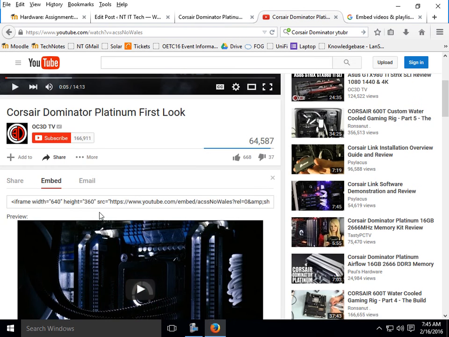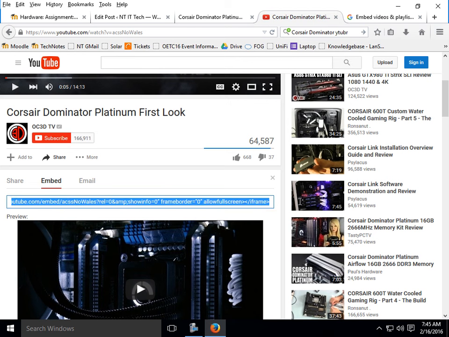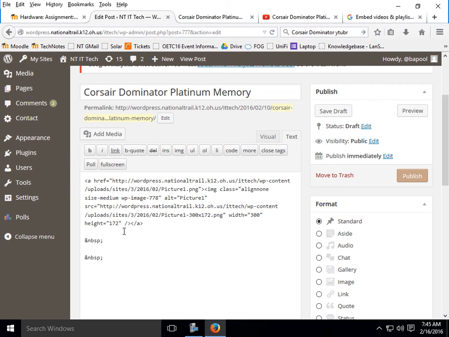So now I can go and grab this code. I'll just drag it. Okay. So I can grab this code and I can throw it in here somewhere in the text, usually at the end of a break, okay?